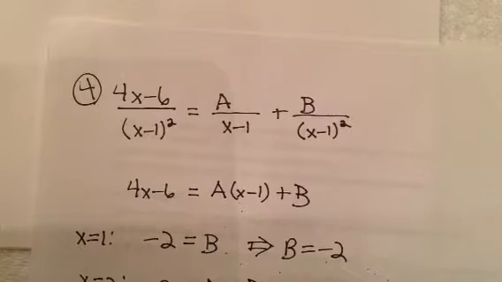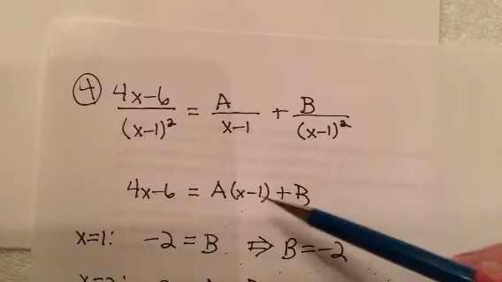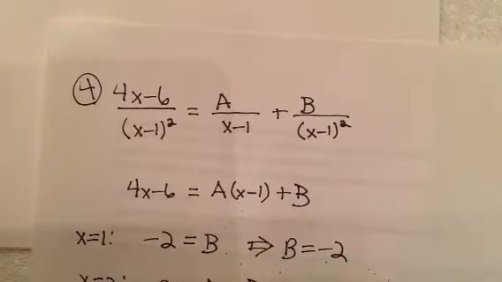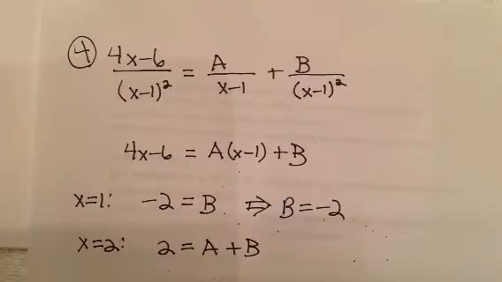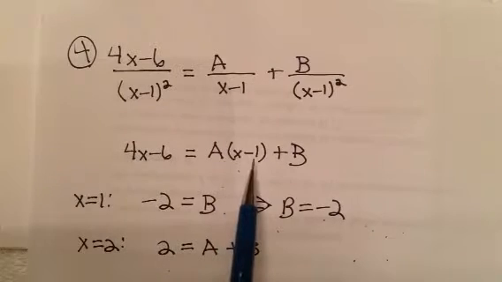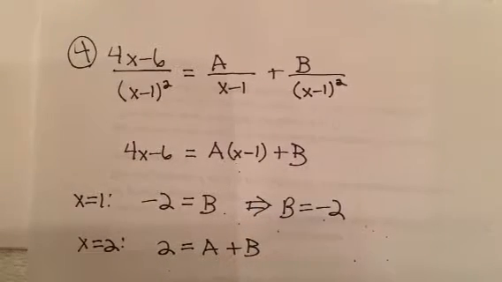Now, in terms of solving for A, we can choose most any value, but since we're looking at solving for A, we can get from x minus 1 times A to merely 1 times A if we set x equal to 2. And so if we choose x equal to 2, we have in the setup 4 times 2 is 8, minus 6 is 2, 2 minus 1 is 1 times A, and then we have plus B, and B is already a known value.